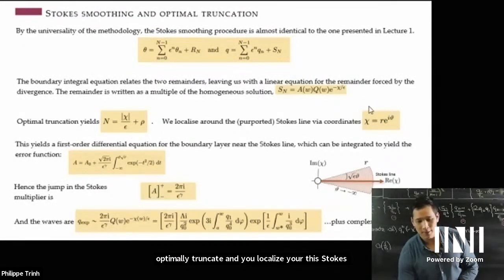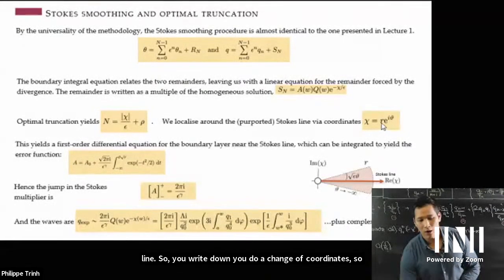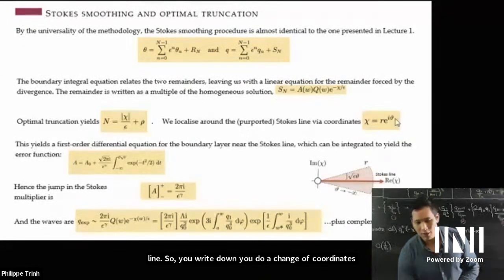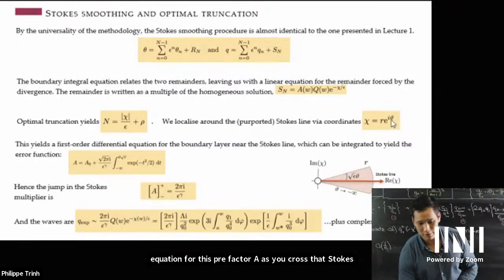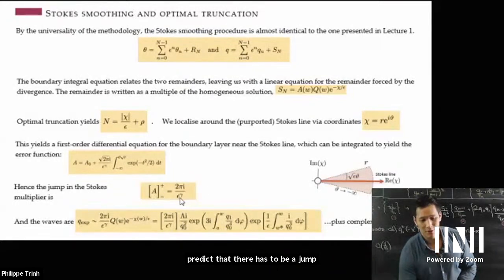So you do a change of coordinates so that when R is positive and theta is equal to 0, you're right on the Stokes line. Then you look at the differential equation for this prefactor A as you rotate around the Stokes line from negative theta to positive theta. In doing so, you predict that there has to be a jump of 2 pi i over epsilon to the gamma.